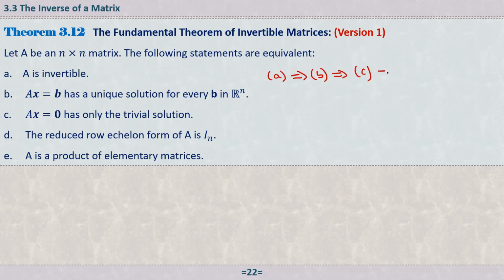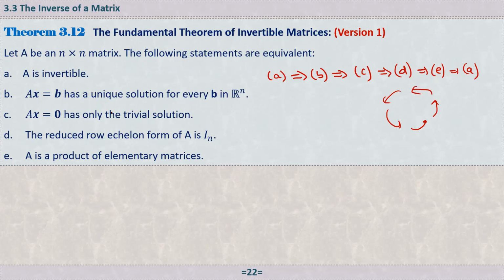If C is true, then we will show that then D must be true. If D is true, then E must be true. And if E is true, then A must be true. We mean some kind of circular chain by this, okay?